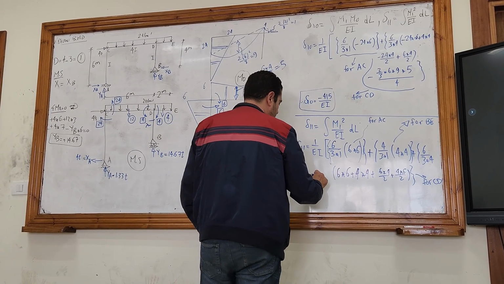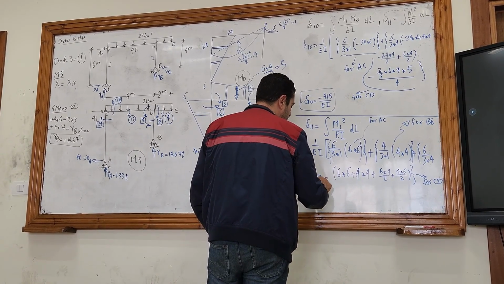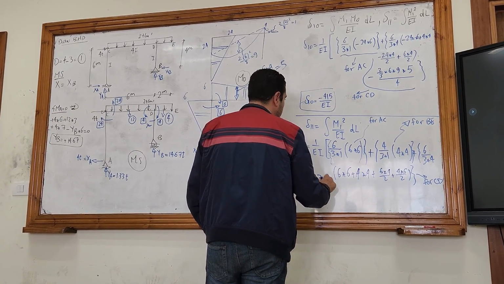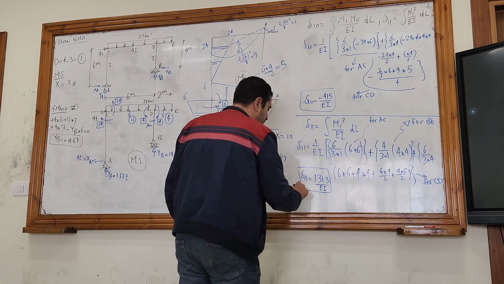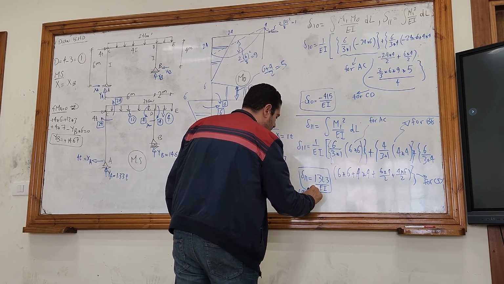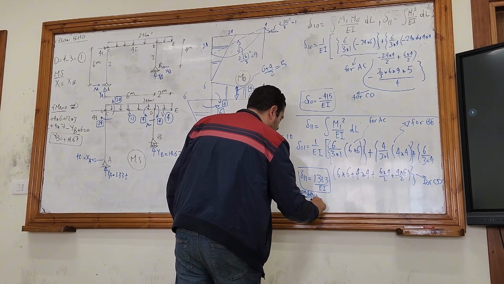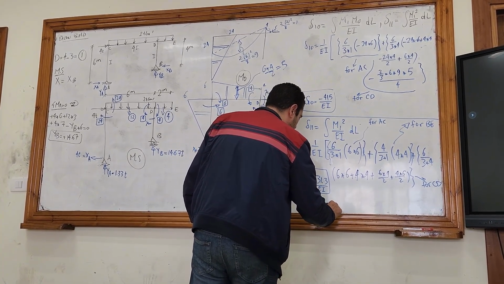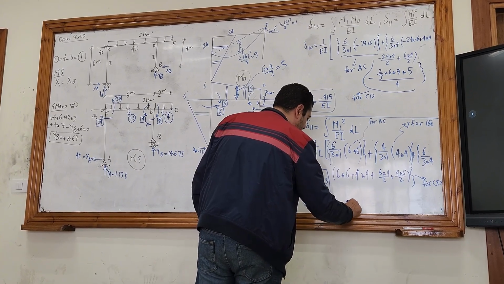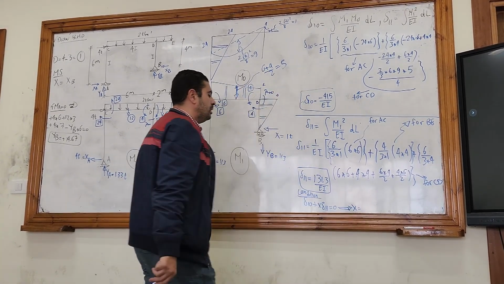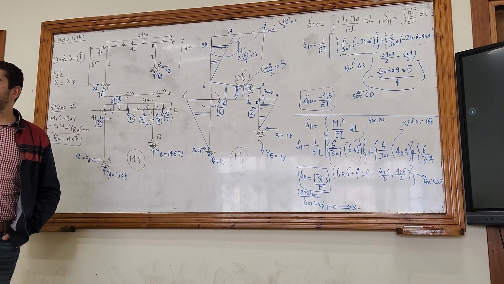It has to be positive. 131.3 divided by EI. Now, what is the condition? Delta 1 node plus x delta 1, 1 equals 0. Now I can calculate x. You don't need the value of EI.